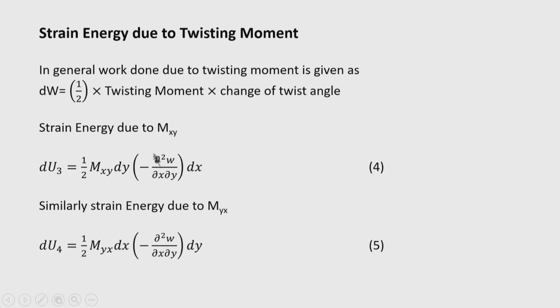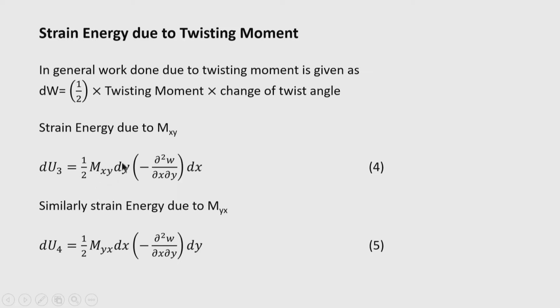Next we consider the strain energy due to twisting moment. In general, the work done due to twisting moment is given by dW equal to half the twisting moment into the change of twist angle. So the strain energy due to Mxy can be written with the above analogy that we used for Mx and My.